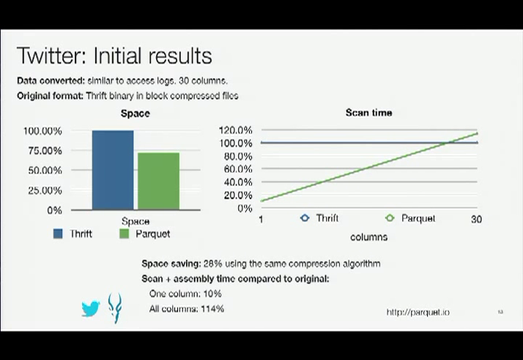In that case, it takes only 10% of the original time to scan one column and query on one column. And if you read all the columns, which is all the 30 we have in this data set, then it takes a slight overhead of 14% to read the data. Here there's an overhead of reconstructing the record, because instead of having the rows right away, we need to reconstruct them from the columns.